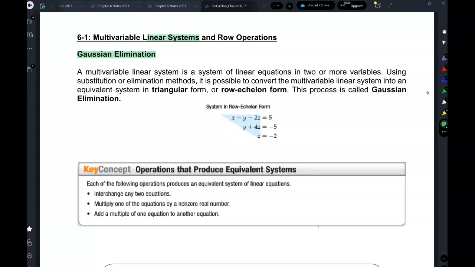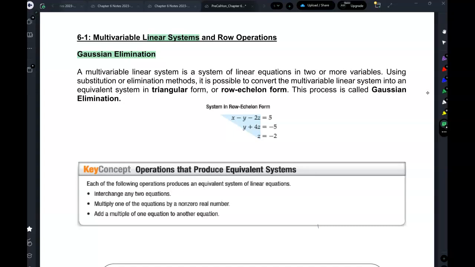So you end with xyz in the top, y and z in the second one, and just z in the third one. Okay? So you start off with 3 terms, 3 terms, 3 terms. You change it to 3 terms, 2 terms, 1 term. All right? That's the process. That process is called Gaussian elimination.